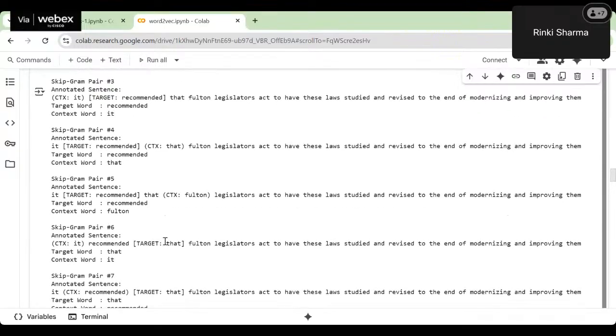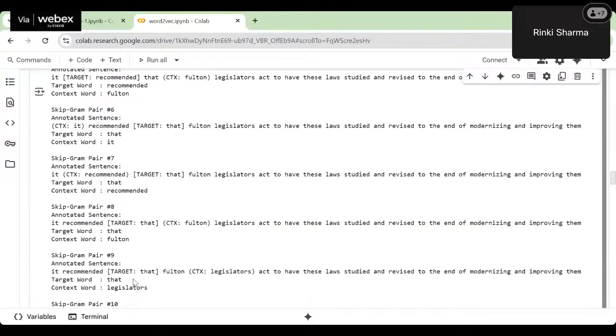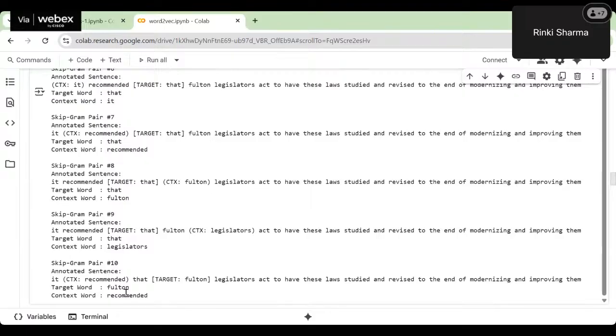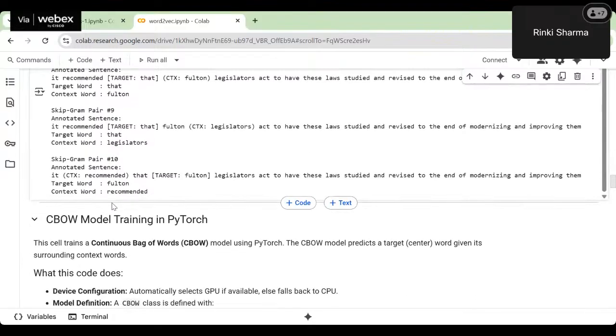Similarly, if we shift to the third word, that, we can again see it, recommended, Fulton, legislator. All these 4 words serve as the context words for the target word that. So this is how the skip-gram model pairs look like.